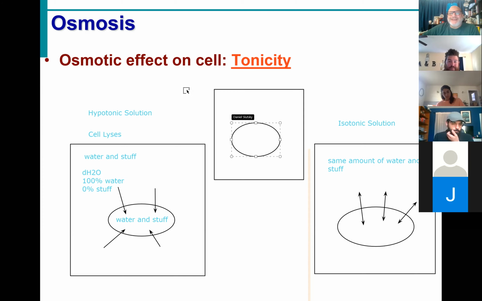And just being exposed to that salt water is a bad thing, because that salt water of the ocean has more stuff in it than our cells do. We would call this a hypertonic solution. And what happens if the salt water has more stuff in it?